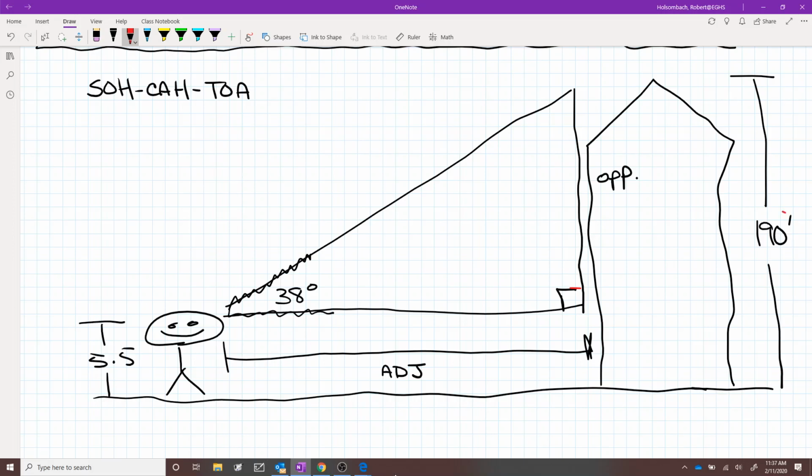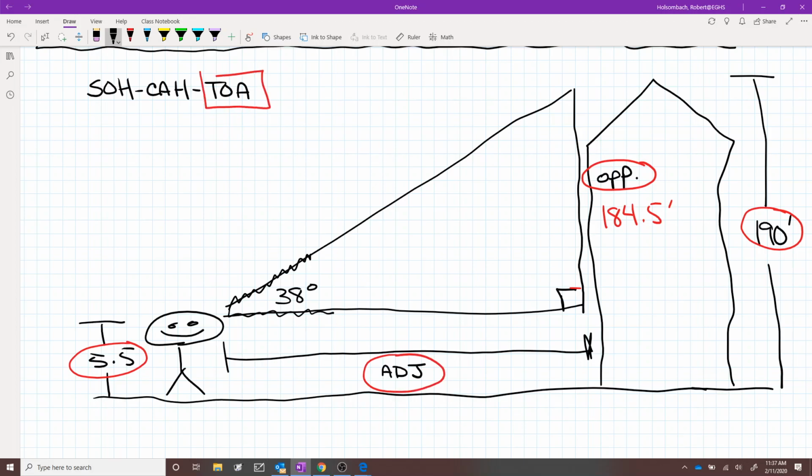So if you take your 190 and subtract 5.5 feet, it gives you this opposite side of the triangle, which is 184.5 feet. Now, in relation to this 38-degree angle, you know the opposite side and you're trying to find the adjacent side. Opposite and adjacent is tangent.